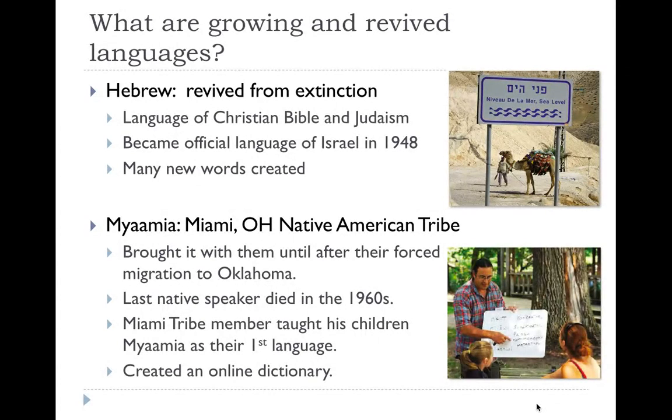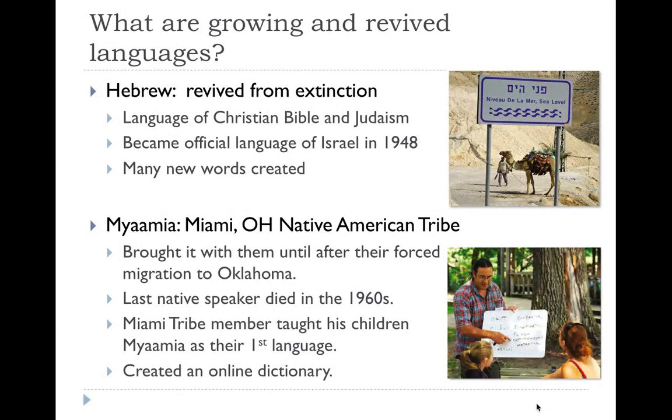After the creation of the state of Israel in 1948, a lot of people came back, and we see a lot of movement and migration back to Israel during that time. We see the language was revived. New words had to be created for new technologies and new ideas that obviously didn't exist when Judaism and the Christian Bible were at the forefront of Hebrew.